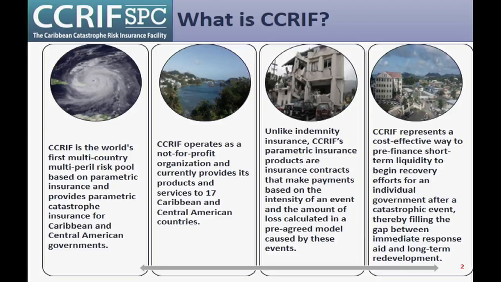CCRIF is committed to payments to countries whose policies are triggered within 14 days of the event. We basically operate as a facility to provide short-term financial liquidity to cover immediate needs after an event.